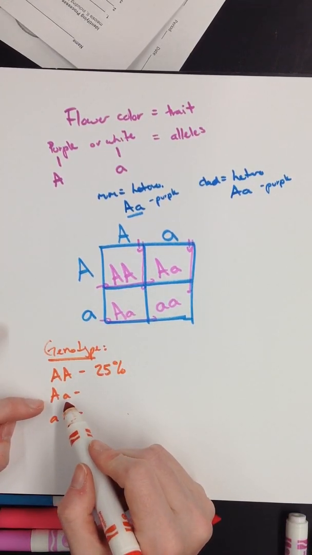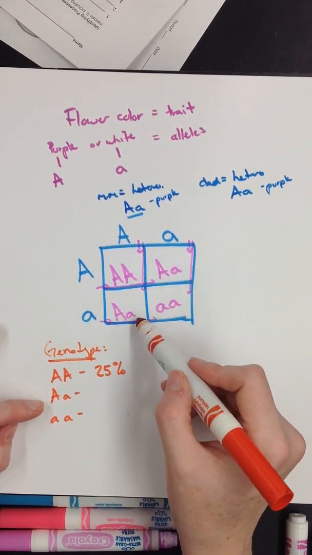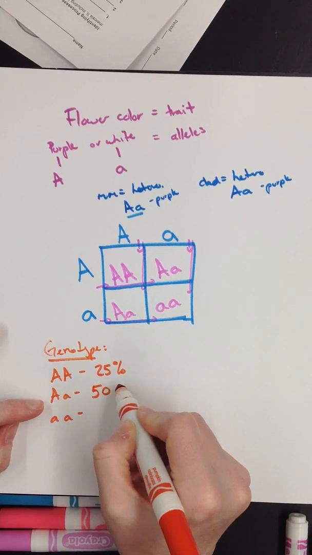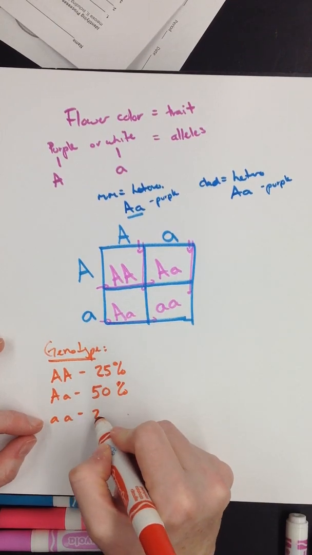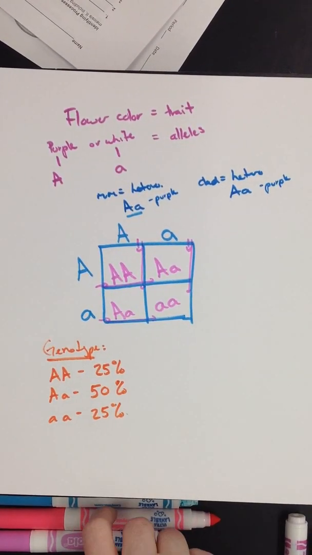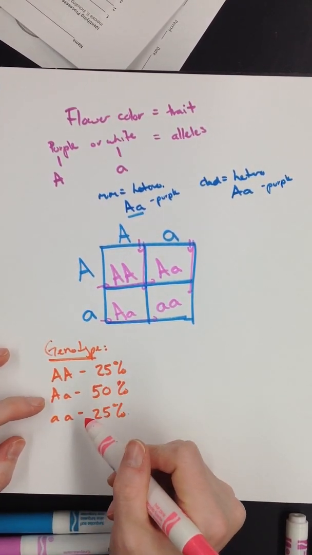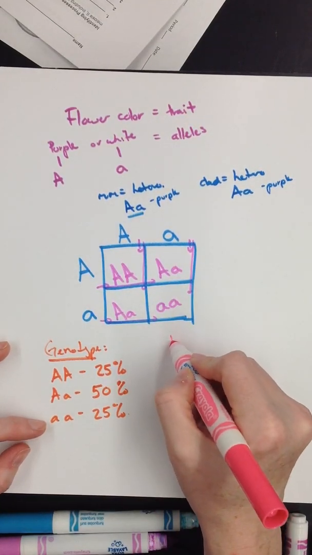All right, how about heterozygous? Well, we already counted that guy. This guy's hetero, this one's not. So 2 of the 4 boxes, that's 50%. And then homozygous recessive, he's that last little one. So there's my genotypes: a quarter of my offspring will be homozygous dominant, 50% will be hetero, and 25% will be homozygous recessive.